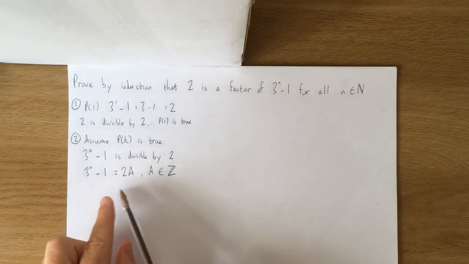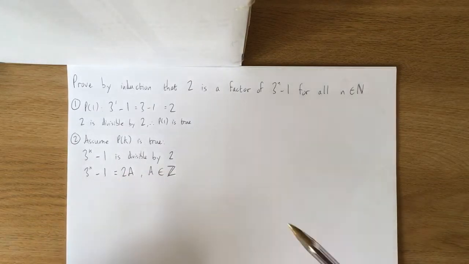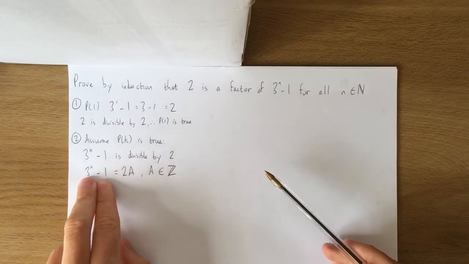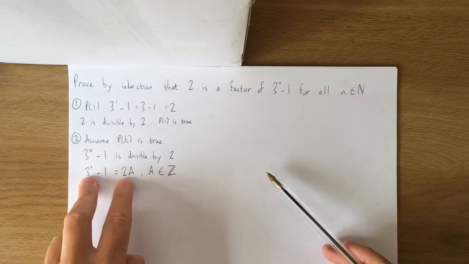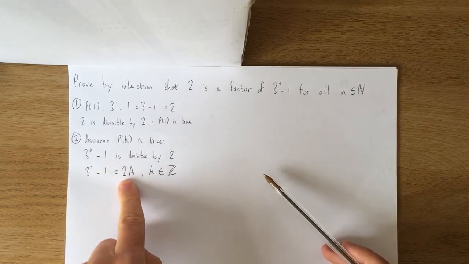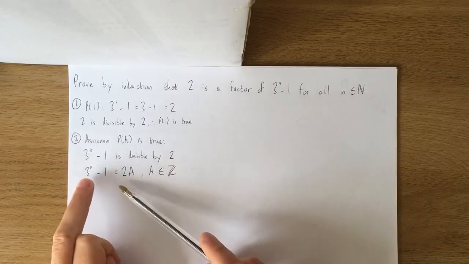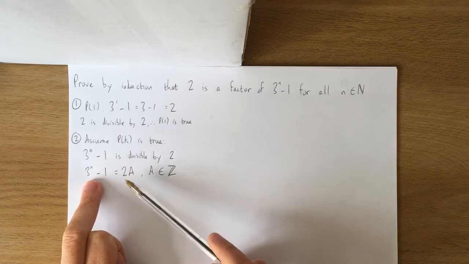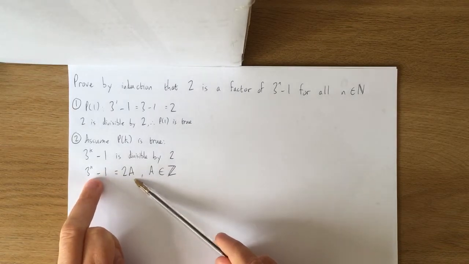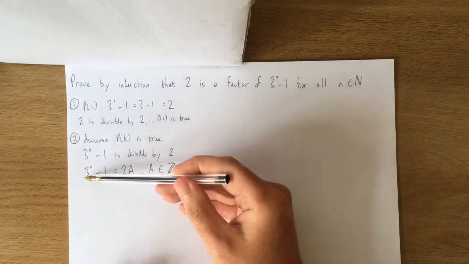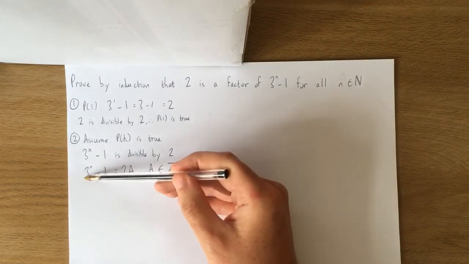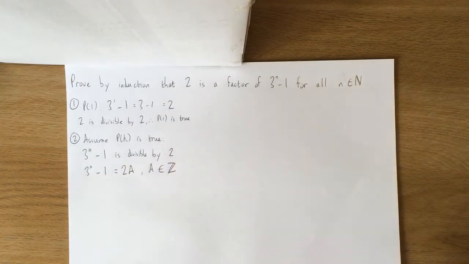Or if you can write something as 2 multiplied by something, it must be divisible by 2. So like 2 is 2 times 1. If this was 4, that'd be 2 times 2. If this was 16, it'd be 2 times 8. If this was 100, it would be 2 times 50. That's our mathematical way of writing something is divisible by 2.